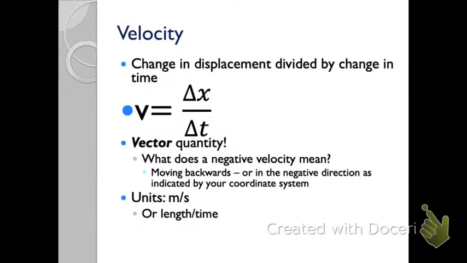All right, last thing we're going to look at here, and this is kind of a big one, is velocity. Okay? Velocity is our change in displacement, not direction, change in displacement divided by change in time.